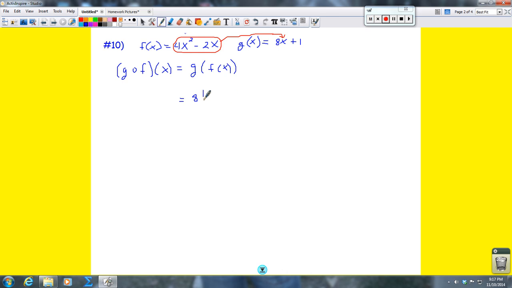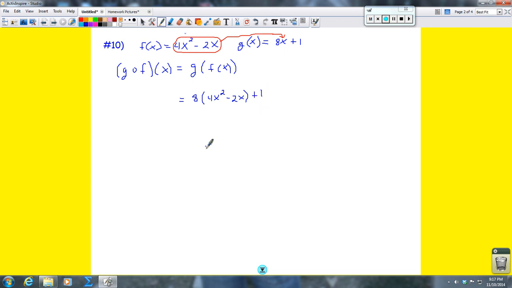We're going to open a parenthesis and fill in f, which is 4x squared minus 2x, and then finish off g, which says plus 1.